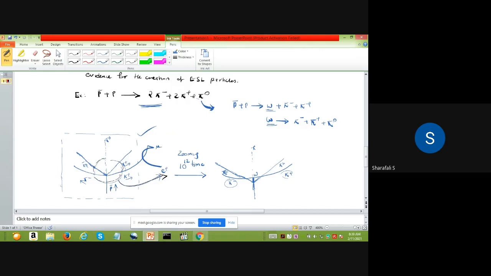In total, you will get 2 pi minus plus 2 pi plus plus pi 0. Okay, so that's all about the extremely short-lived particles. In the next class we will discuss the different models for these particles.